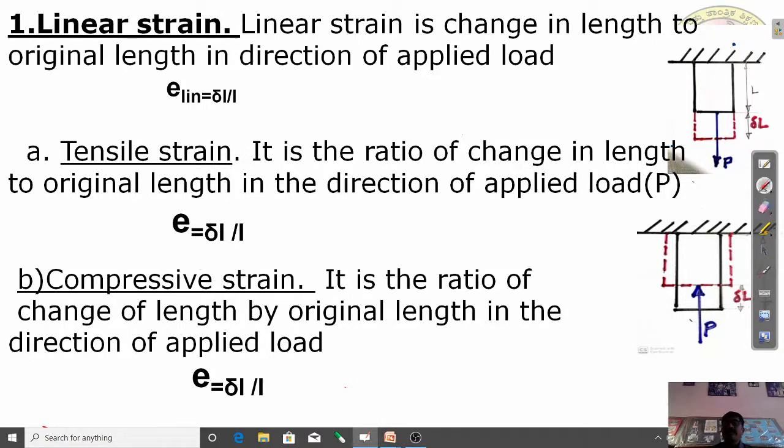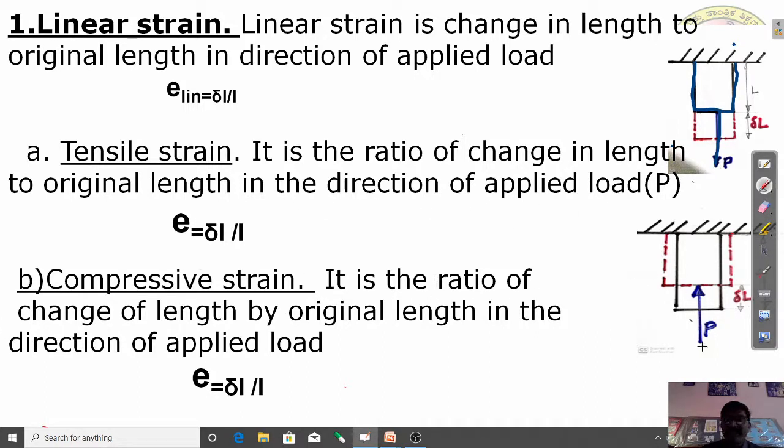Now let us consider a bar which is supported at one end and we apply a load P. We observe that the length increases to a certain limit. That is known as linear strain. In this, we have tensile strain and compressive strain.